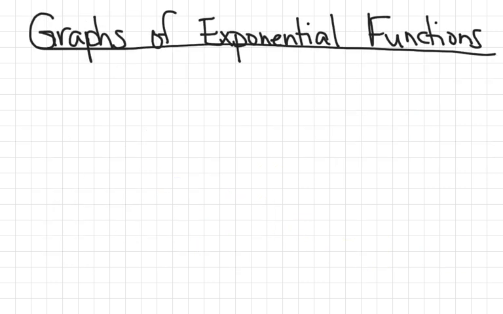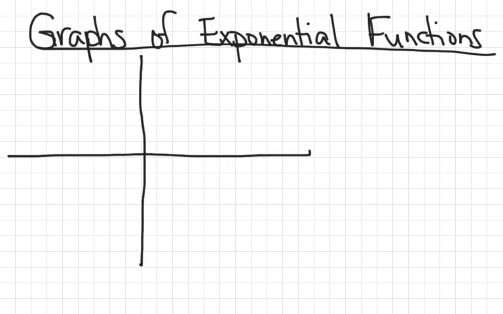Let's talk about the graphs of exponential functions. I realize you could just shove this into your calculator to see what the graph of an exponential function is going to look like. But let's look at y equals 2 to the x. You're going to graph it in your calculator, and it's going to look something like this. Except I did that wrong. Let's try that again.